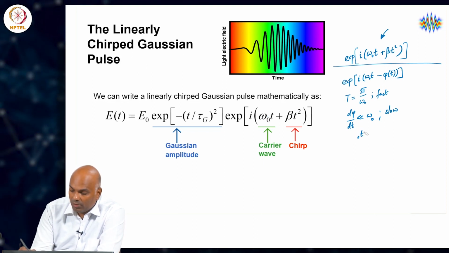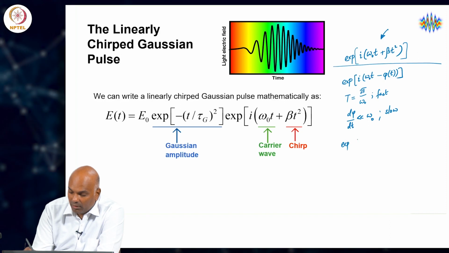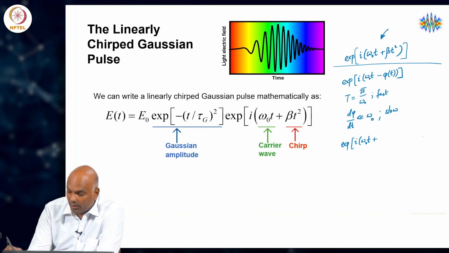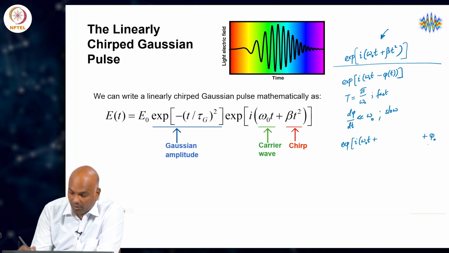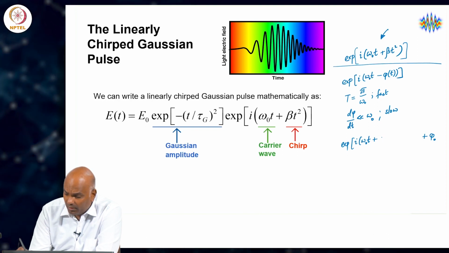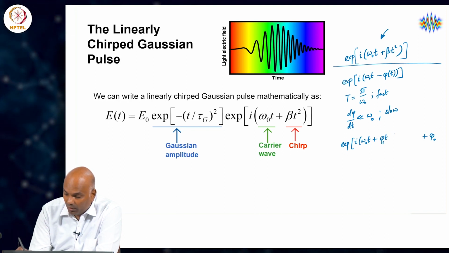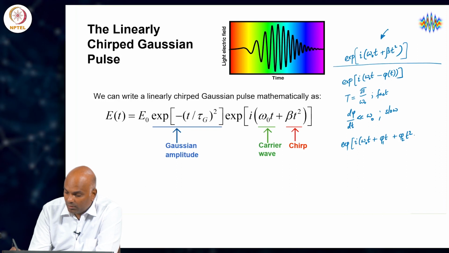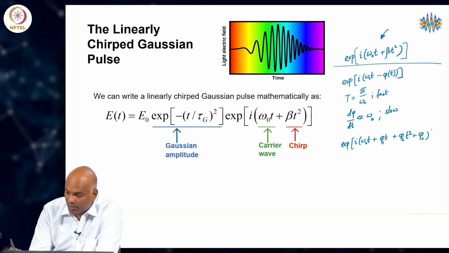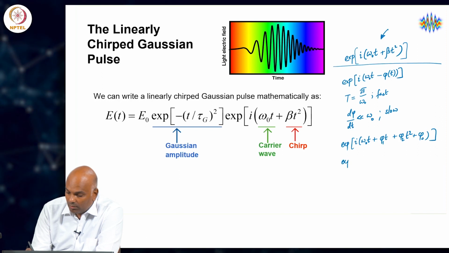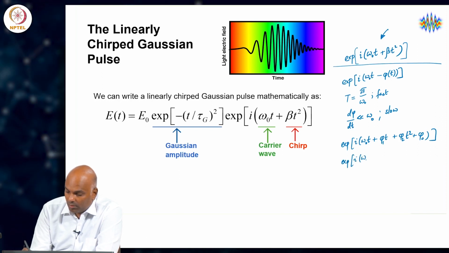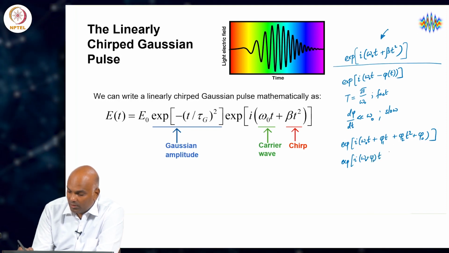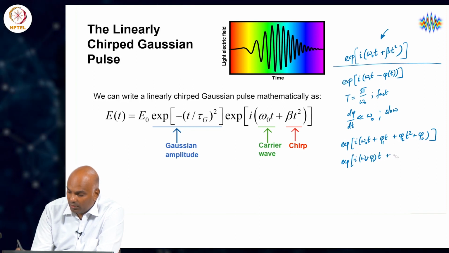We have omega naught, we should ideally have had exponent of i omega naught t plus, we should have had a phi naught here, we should have then phi 1 of t plus phi 2 t square. All the other higher order terms are 0. So, the math is sort of trivial.